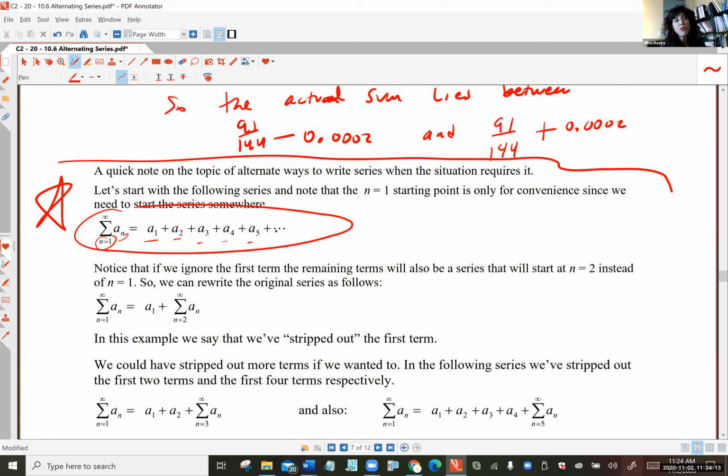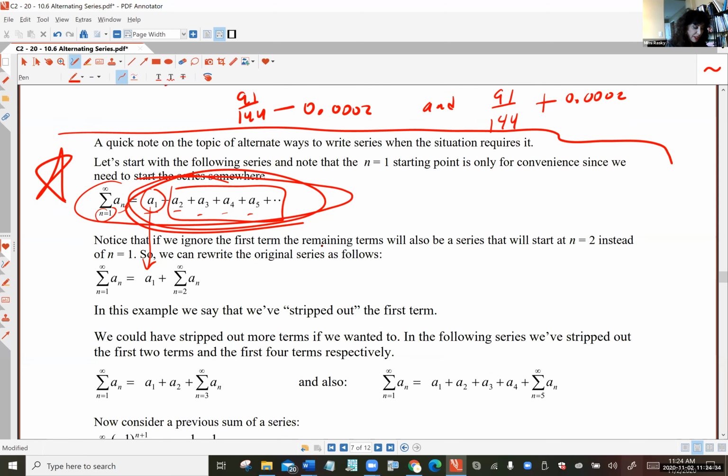Now, what if you wanted to rewrite this series in a very special way, where you save the first term and you pull it away, you put it aside, but then you want to add all the other guys, because you're still representing the sum of a1 plus a2 plus a3 plus a4 and all those guys. So another way of saying it would be a1 plus the rest of the guys.